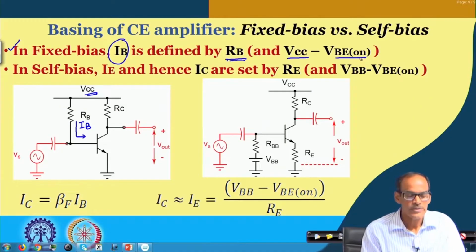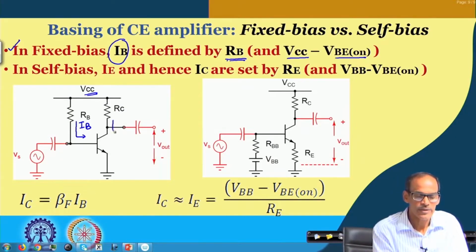Once the base current is defined and fixed, the corresponding collector current of the transistor can be obtained by simply multiplying this IB with the beta F of the transistor.